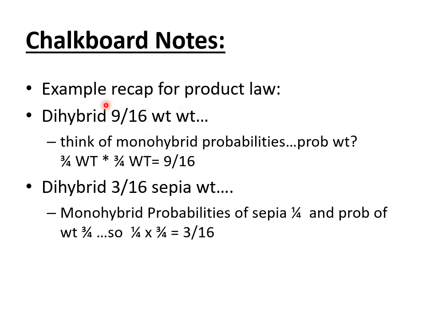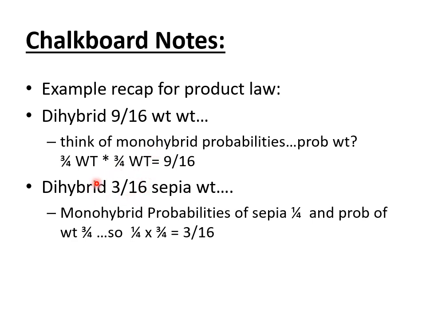Instead of doing a Punnett square, you could just multiply together the monohybrid probabilities. The probability of getting a wild type offspring for eyes is 3/4. The probability of getting a wild type offspring for wings is 3/4. And so you can just multiply these two together to obtain that 9/16.